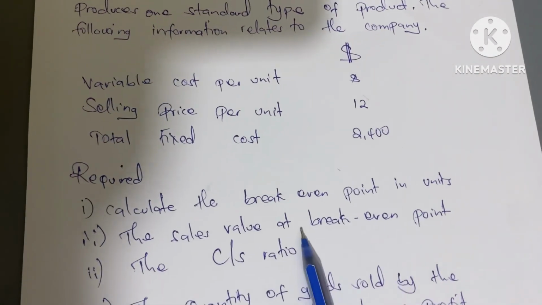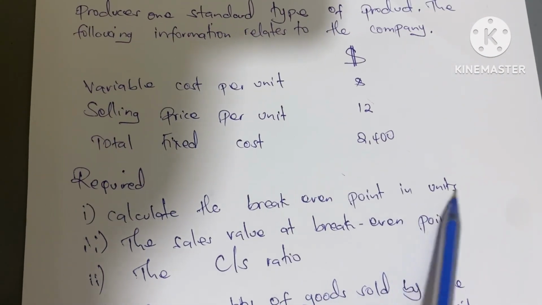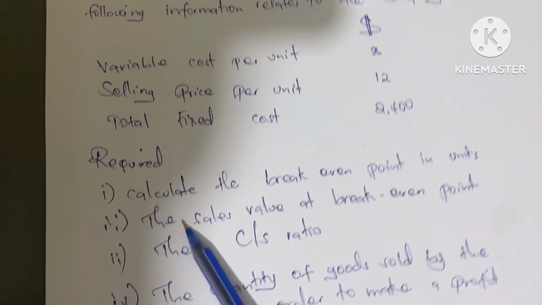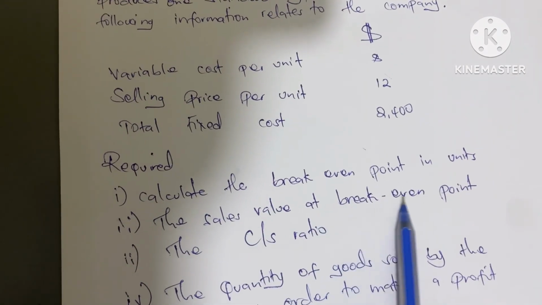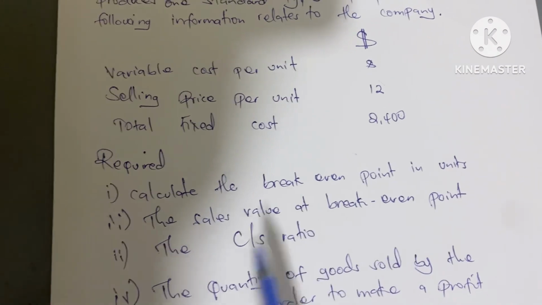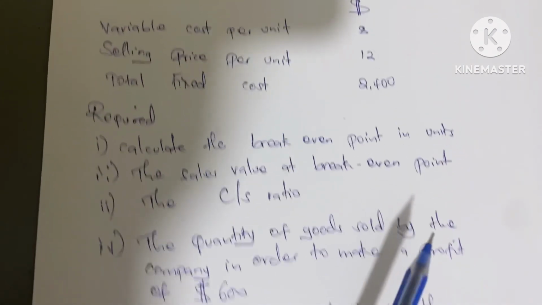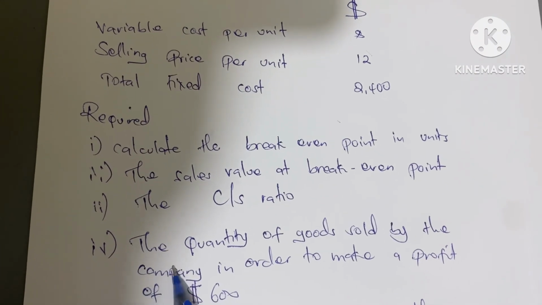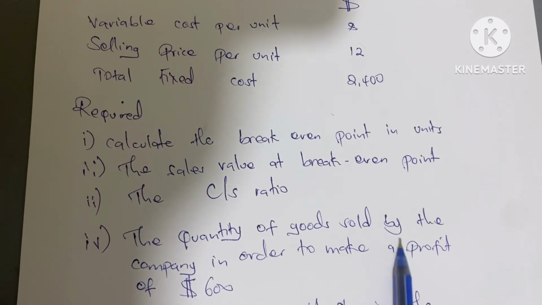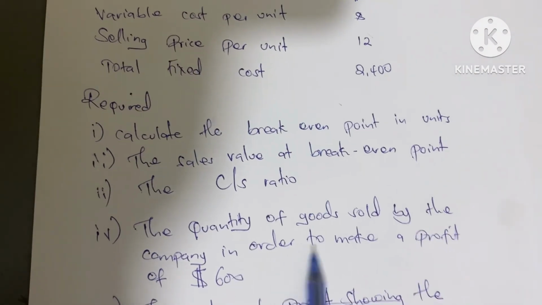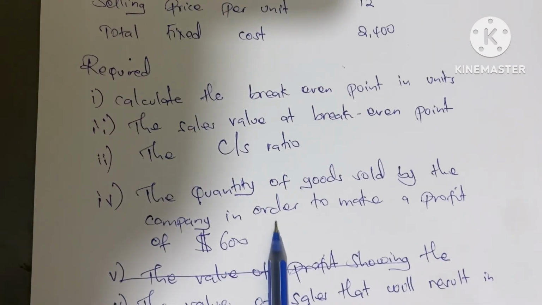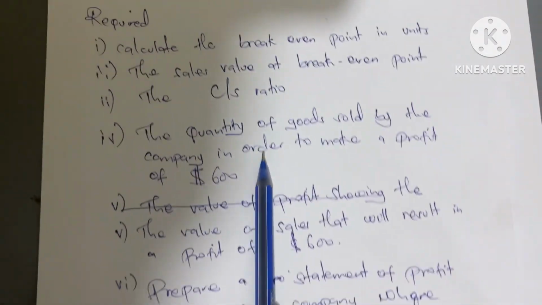Required: calculate the break-even point in units, then calculate the sales value at break-even point, calculate the contribution sales ratio, then also calculate the quantity of goods that will be sold by the company in order to make a profit of $600.